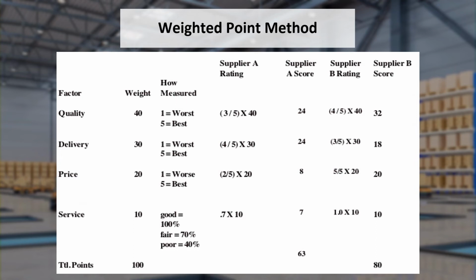So when we say quality, if its weight is 40% and supplier A is rated on a 1 to 5 scale as the best, suppose 5, then 5 upon 5 multiplied by 40 will be the supplier rating.